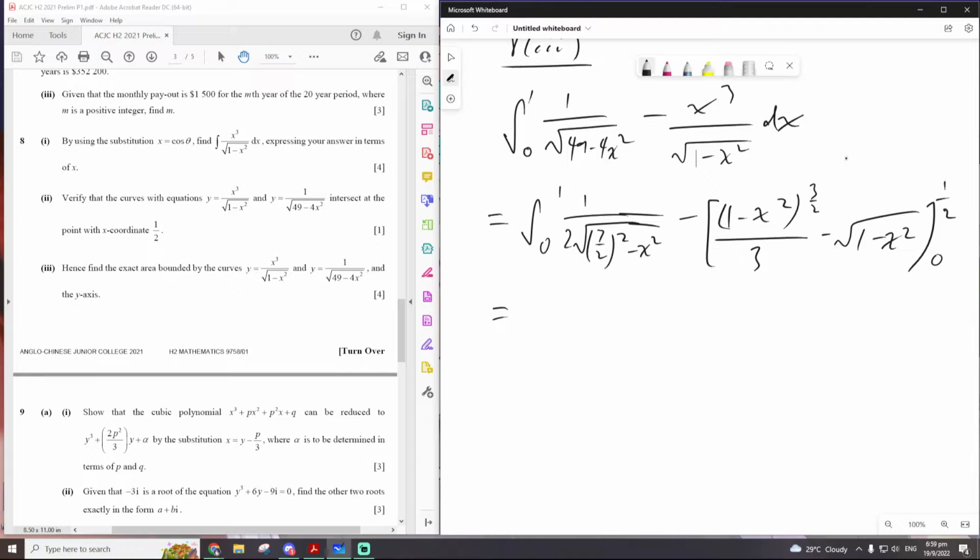Now, square root of a squared minus x squared, I believe this is associated with sine inverse, if I'm not wrong. So I think the formula is sine inverse of x over 7 over 2. So sine inverse 2x over 7. This is 0 to half.